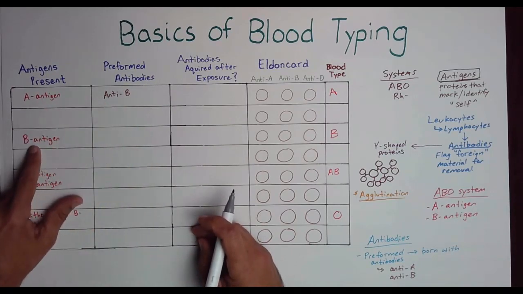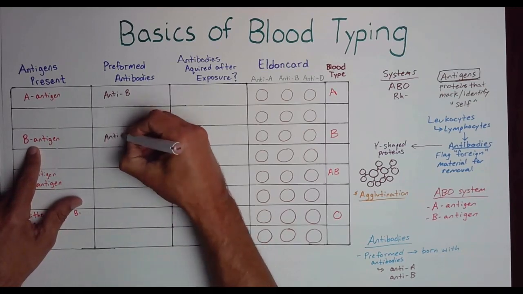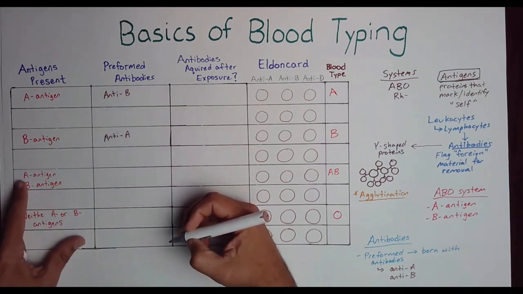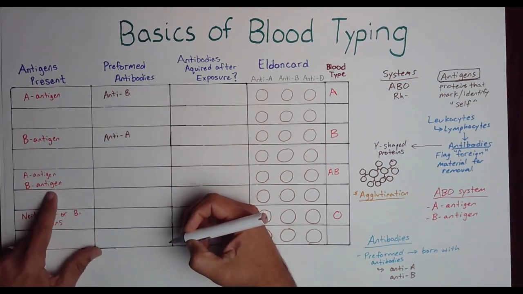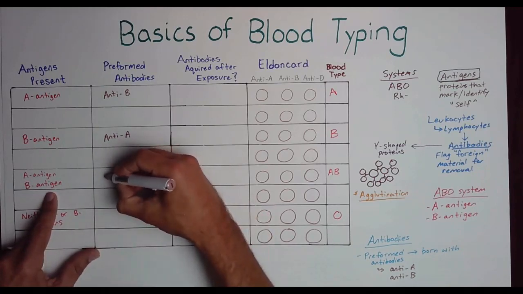What about a B antigen person? Well, then they are going to have anti-A. What about an A antigen and a B antigen? Well, they're not going to have either, right? They don't have these preformed antibodies. They have neither.